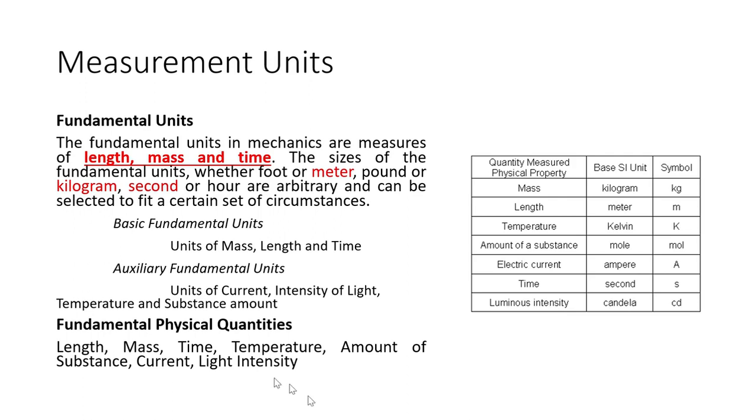The rest of the fundamental units are known as the auxiliary fundamental units. These units depend somehow on these quantities, like current depends upon the electrons and those electrons' movement with respect to time.